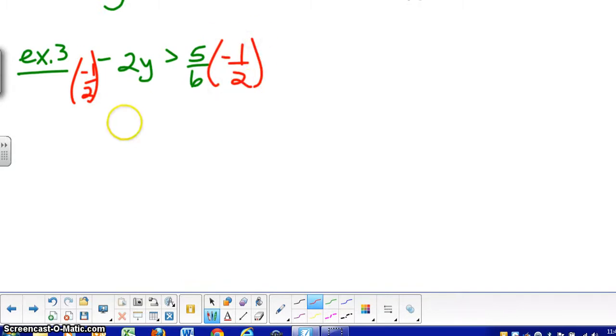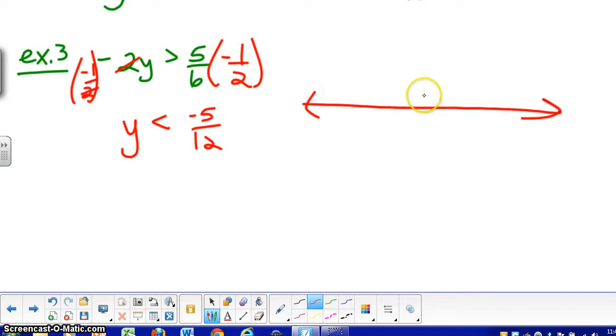And if you remember the rule, it said that anytime you multiply or divide by a negative number, this is going to switch. The greater than sign is now going to be a less than sign. And -5/12 would be your answer. Okay, so now on a graph, -5/12 would be underneath the tick mark with an open dot because we do not have any bar saying it's included, and everything would be to the left because it is less than.